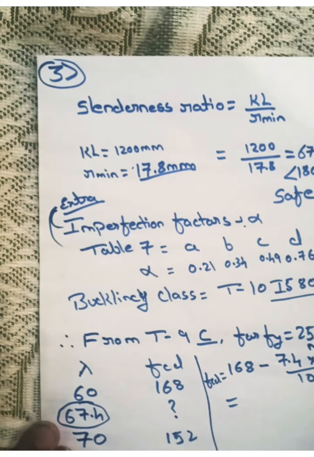So this is the value of FCD. After doing interpolation, you will get the value of 156.13. This is the value of FCD we have.